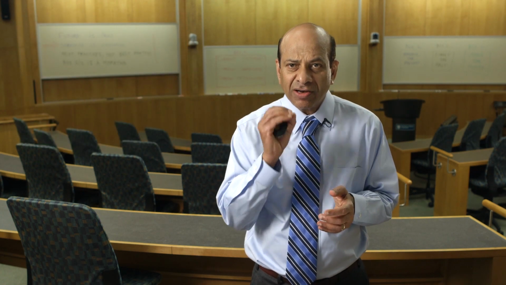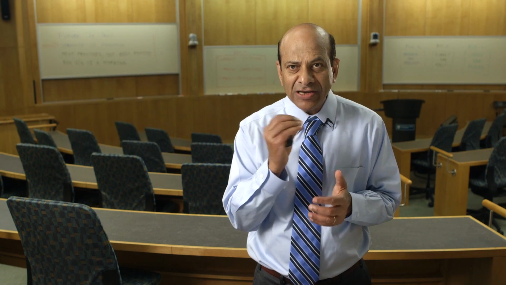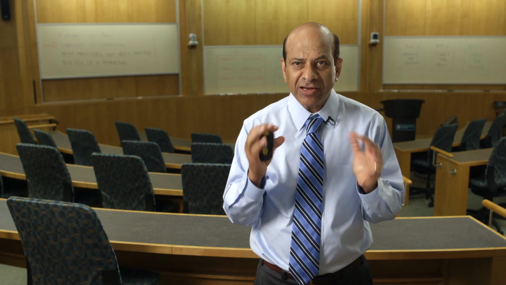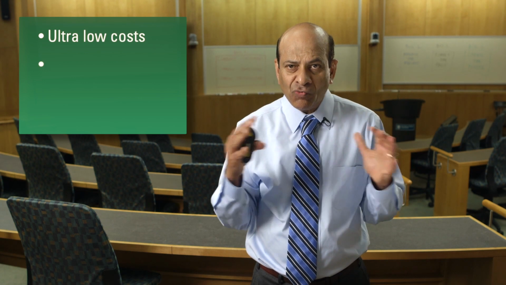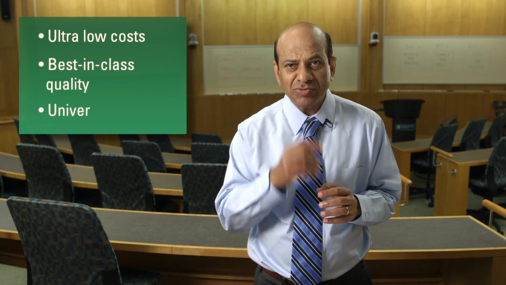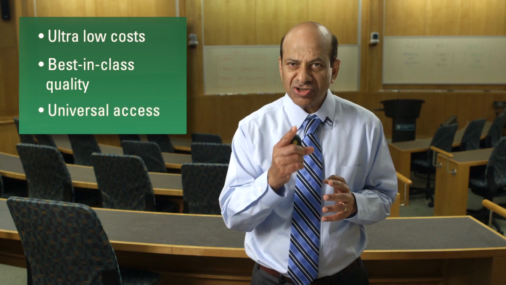Suppose I tell you there are box three non-linear innovations happening in poor countries, which are based on ultra-low-cost healthcare, world-class quality healthcare, and universal access. Wouldn't the rich man be interested? By the way, when I use the word rich country and poor country, I'm not trying to make any value judgments here.